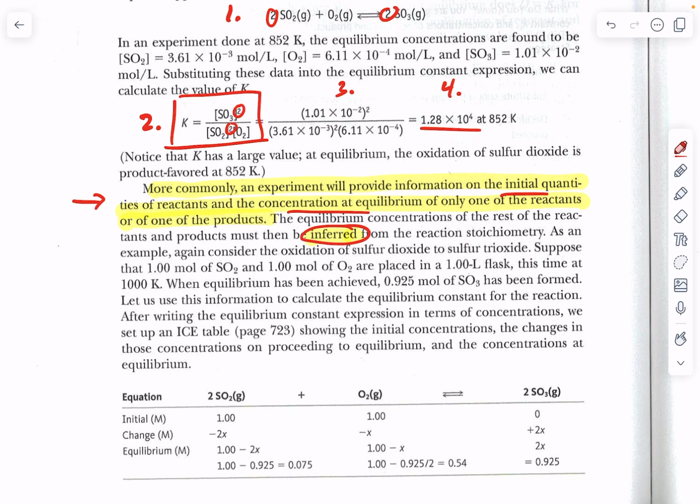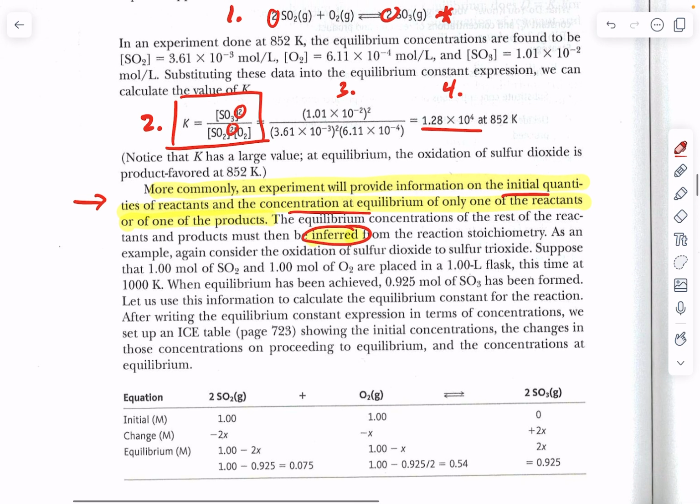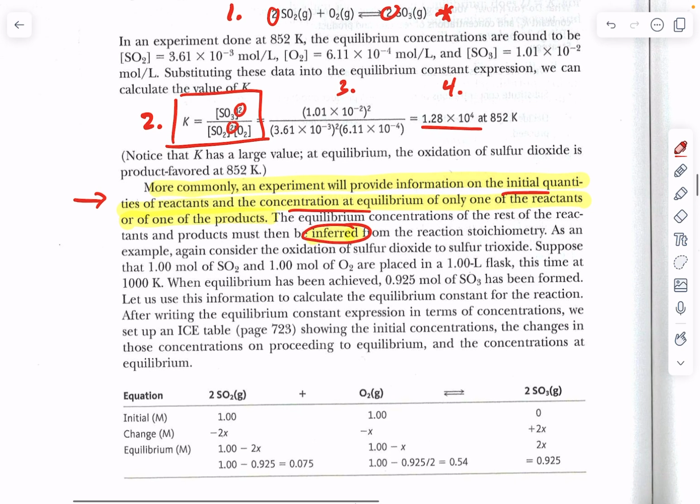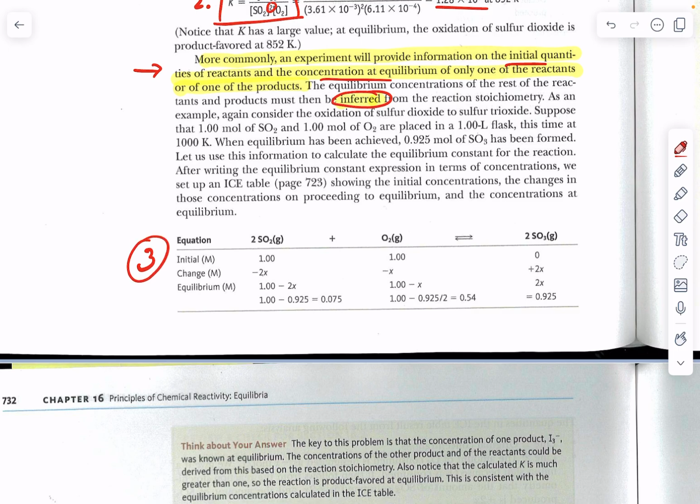So if we take the equation way up at the top of the page, step number 1 is the equation, step number 2 is the expression, step number 3 is where I do my ice chart, which gives me a place to plug my numbers in order to find the numbers that have to be plugged in.